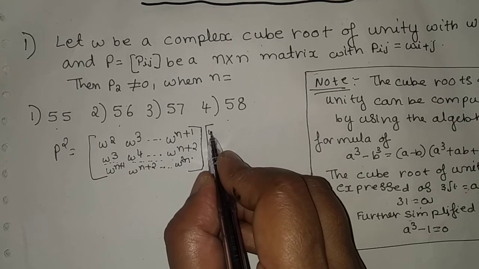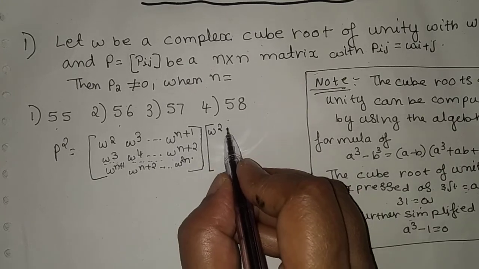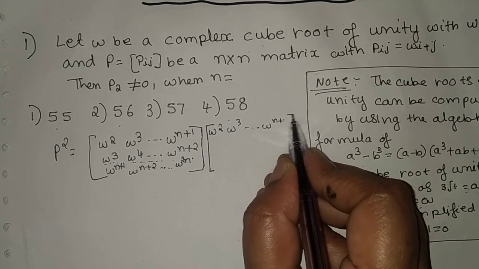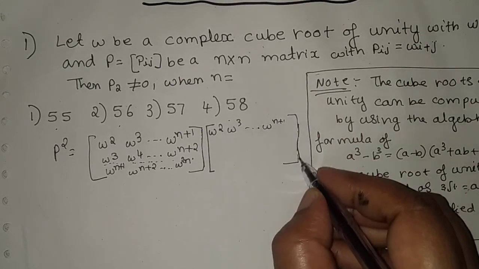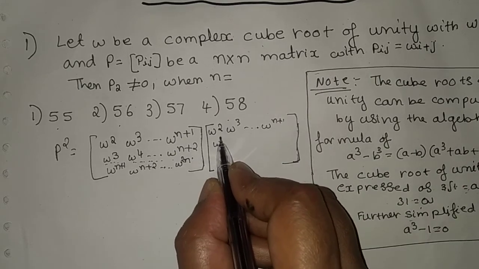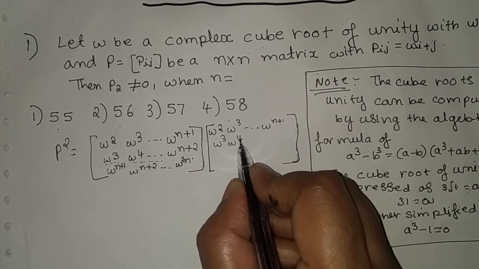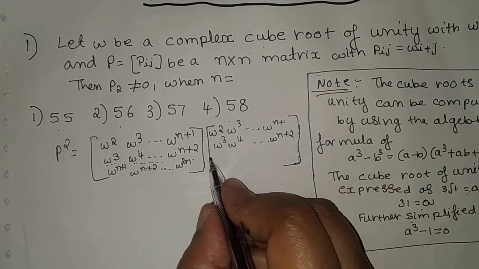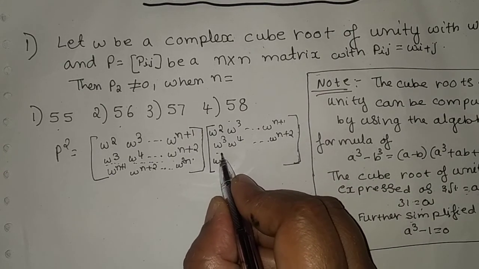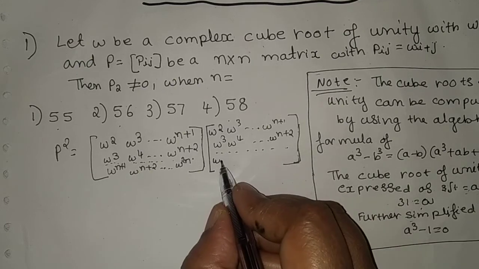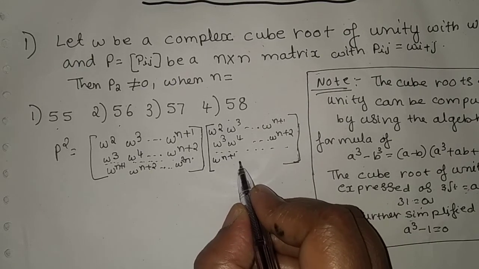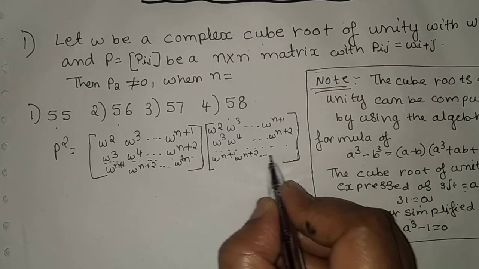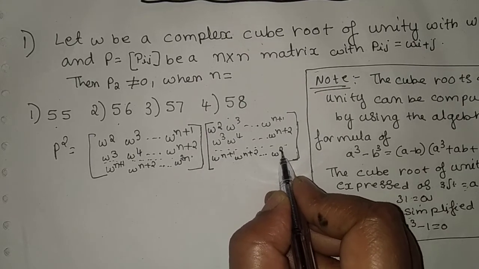Same thing we continue: w square, w cube, w^(n+1). Same thing, w cube, w4, w^(n+2). Then these are all blanks, w^(n+1), w^(n+2), up to w^(2n).